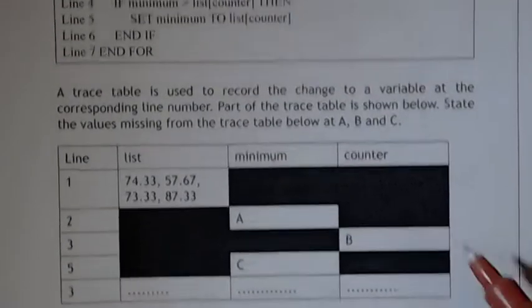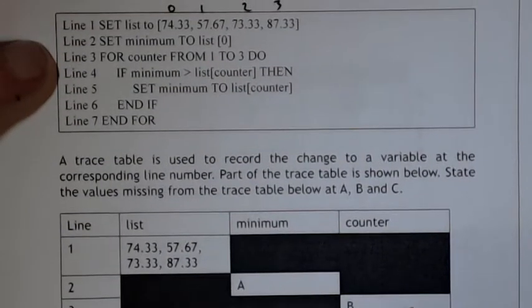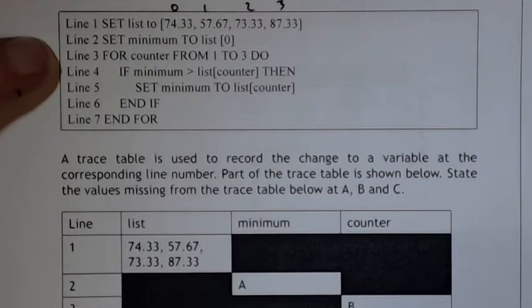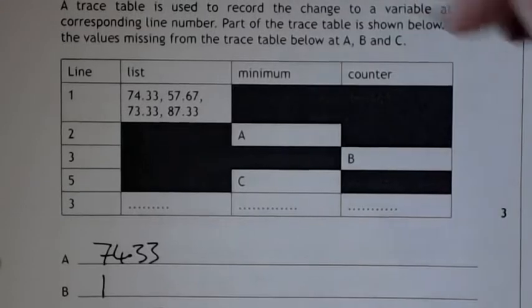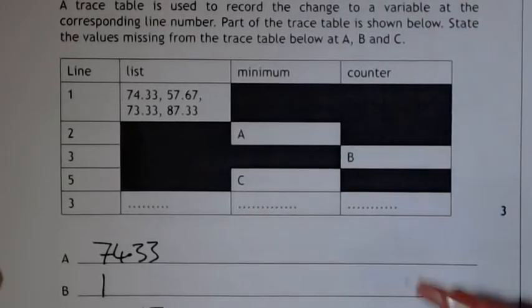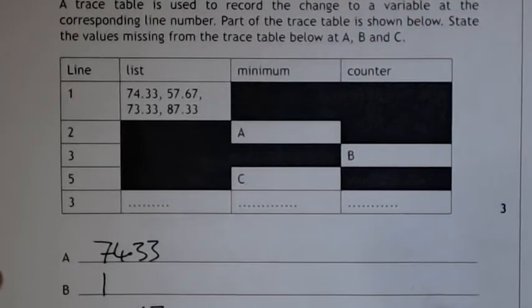Okay, we then go to line 3, so line 3, the counter's been incremented, so it was 0, so now it is 1. Okay, well it starts at 1 anyway, so that's 1.